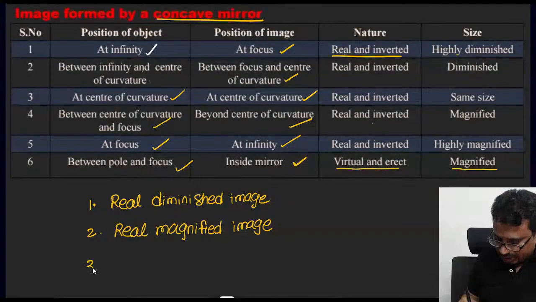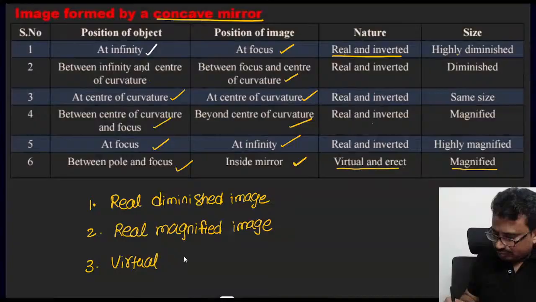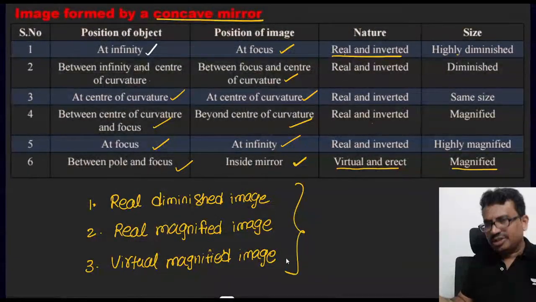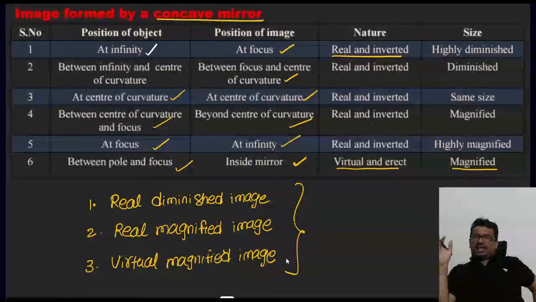And what else? It can form the virtual and magnified image. Only these are the types of images that can be formed by the concave mirror. So you see here, what other type is missing?